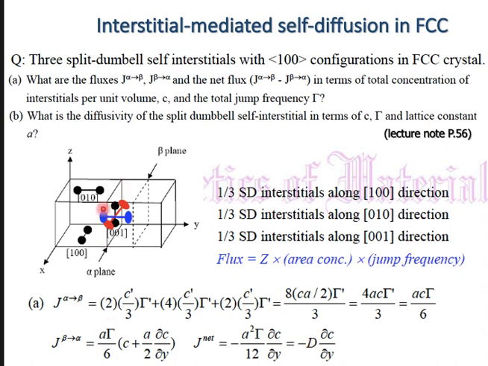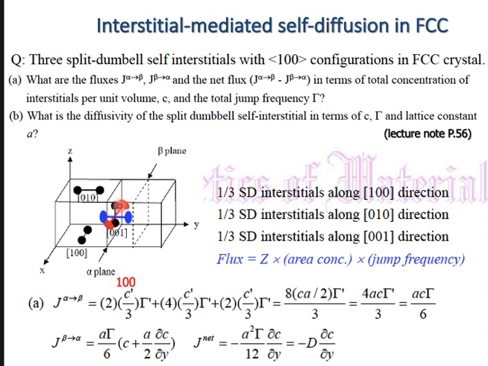So as long as you have identified the alpha plane and beta plane, let's try to formulate the flux from alpha to beta. Don't forget we can have 3 different directions of split dumbbell, so we need to consider them one by one. So let's focus on the split dumbbell along 1, 0, 0.